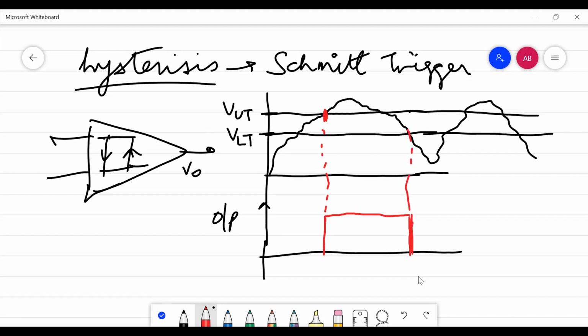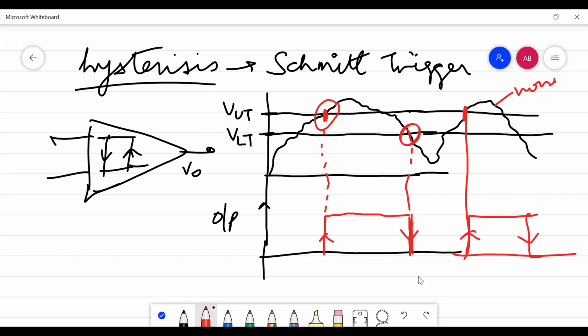As soon as it crosses the lower threshold voltage, it falls to 0, and as soon as it crosses the upper threshold voltage, it generates a 1. So this is how the pulses are generated. Again, when the noise signal crosses the upper threshold voltage limit, the output is going to give you the high voltage, and this is how the square waves are generated.